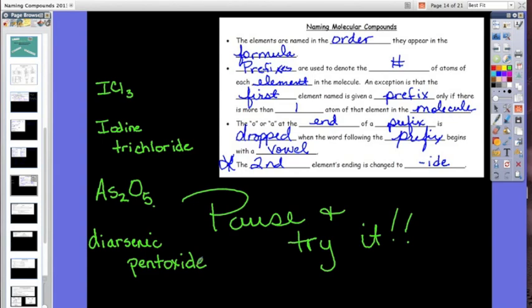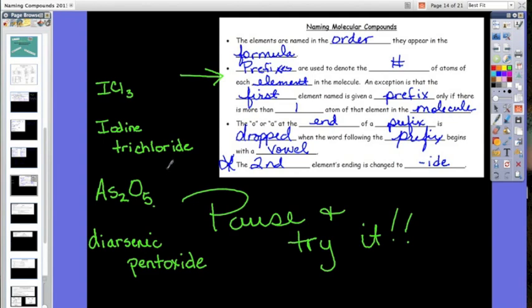So for each one of these, you should be able to look at the prefixes. If you're given the name, look at the prefix and write the formula from it. If you're given the formula, use the numbers to look up the prefix. And then just make sure that you follow these rules. We'll go over some more of those in class, but try a couple more.